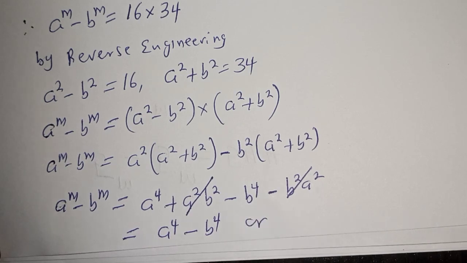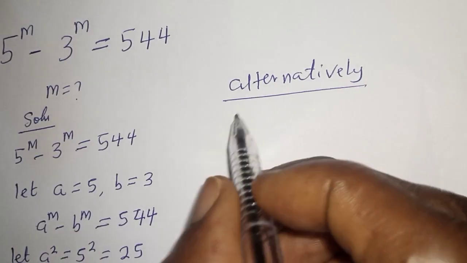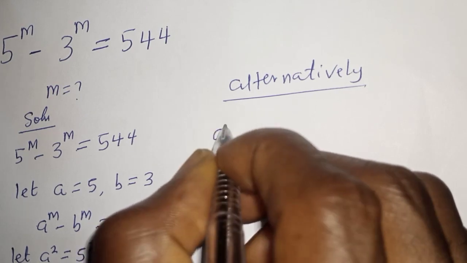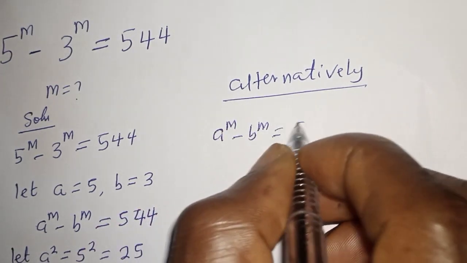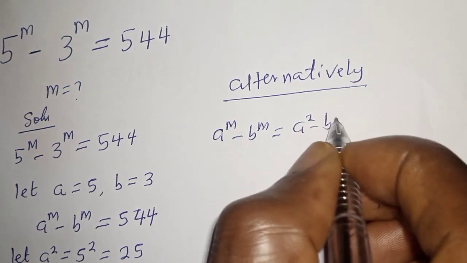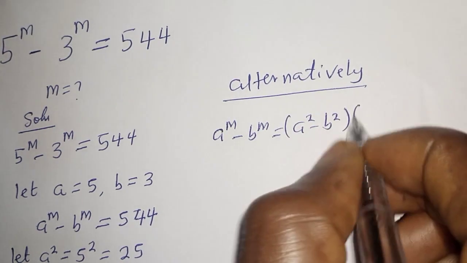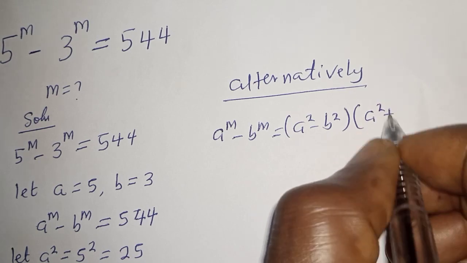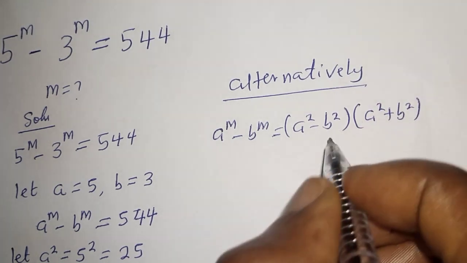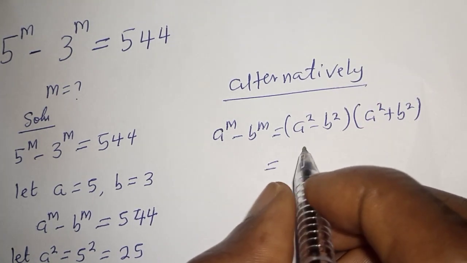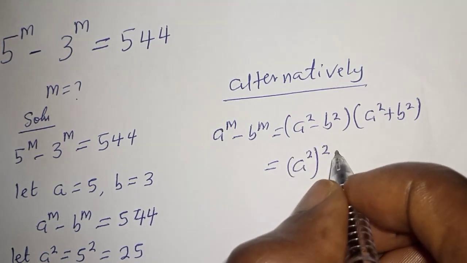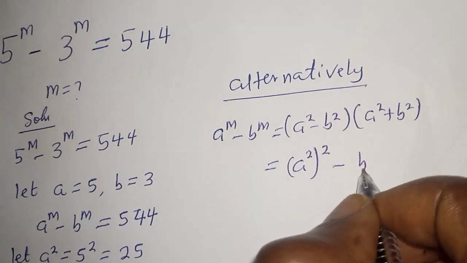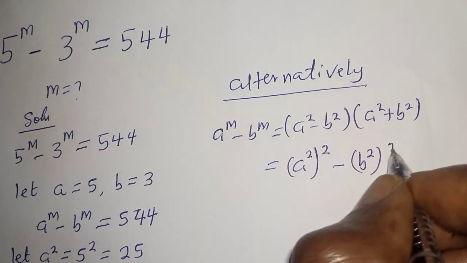Or alternatively, a raised to power m minus b raised to power m is equal to a square minus b square multiplied by a square plus b square. Then this is equal to a square square minus b square square.